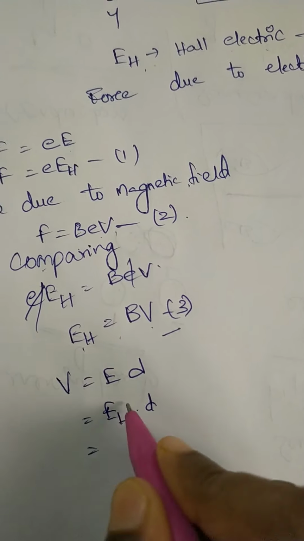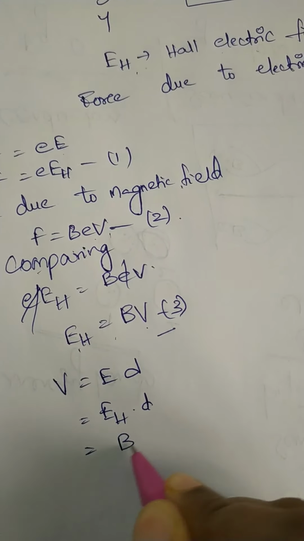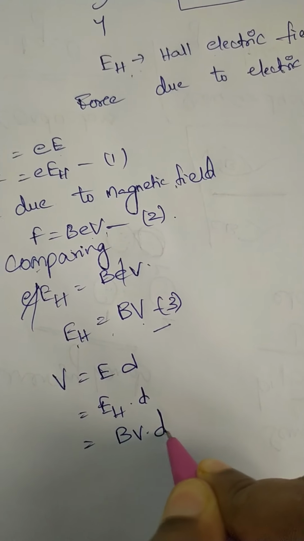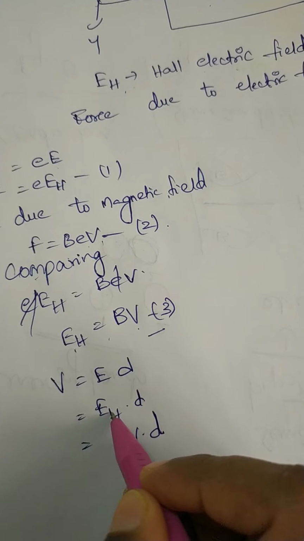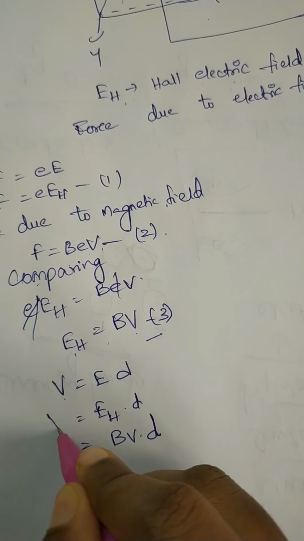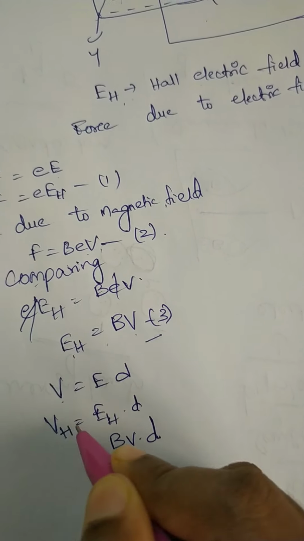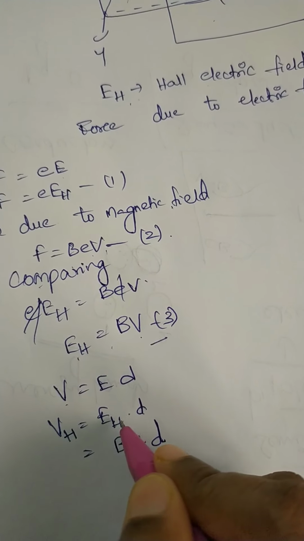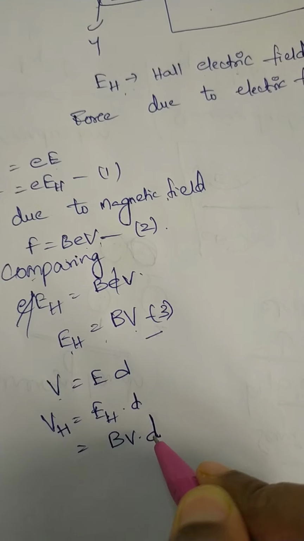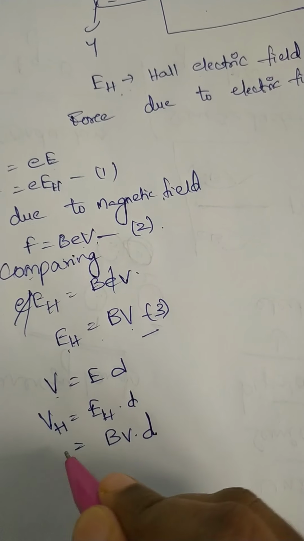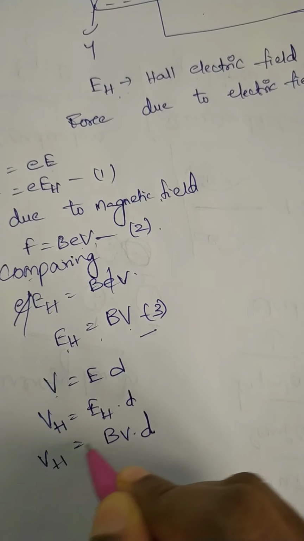What is the EH value? It is BV. Here, V is represented in terms of VH. VH equals EH into d, that is equal to BV into d. So VH equals BVd.